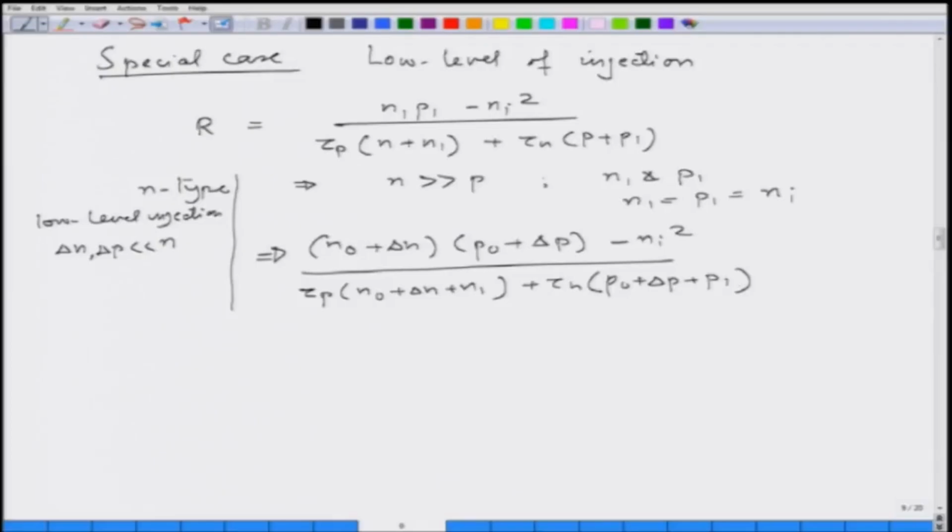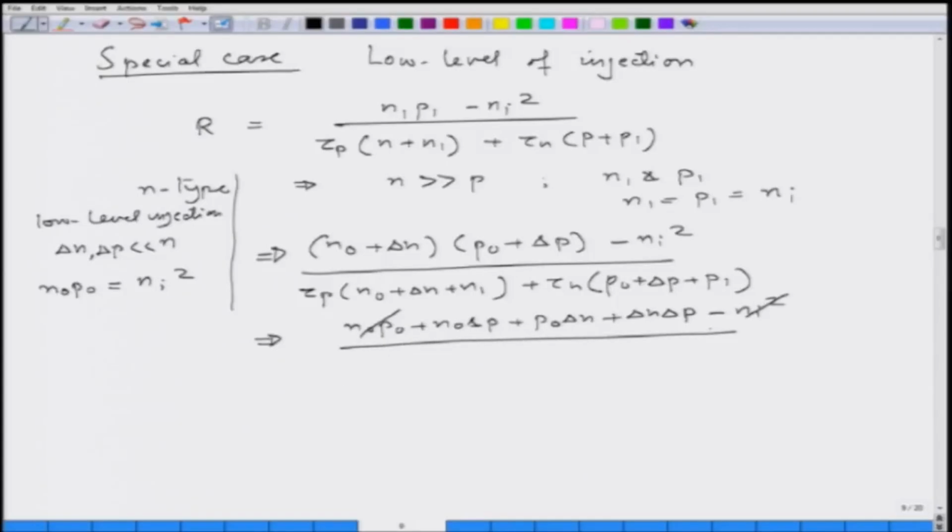Now, applying the condition for low level injection and the other condition that n naught p naught is equal to n i squared, if I expand this, I will get n naught p naught plus n naught delta p plus p naught delta n plus delta n delta p minus n i squared. You can immediately see that this cancels, and in the denominator I still have n naught plus delta n.